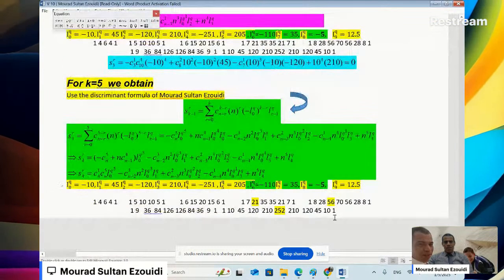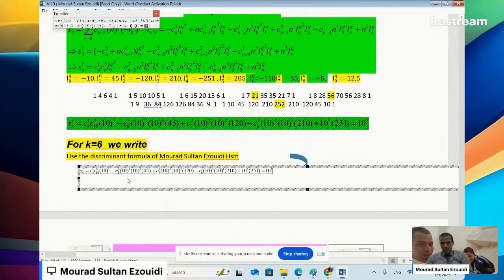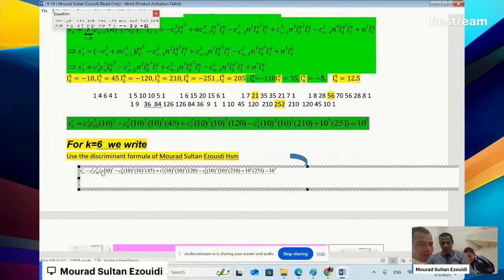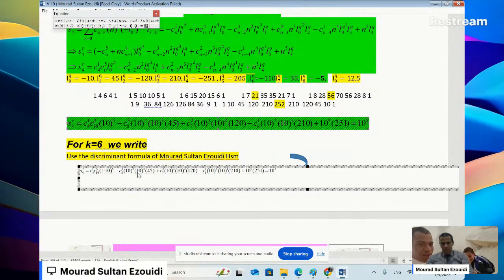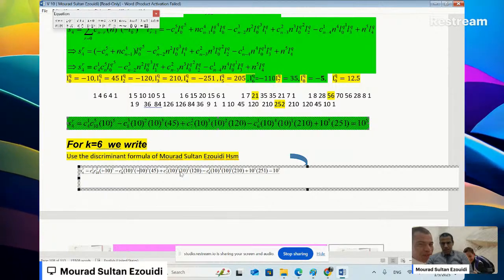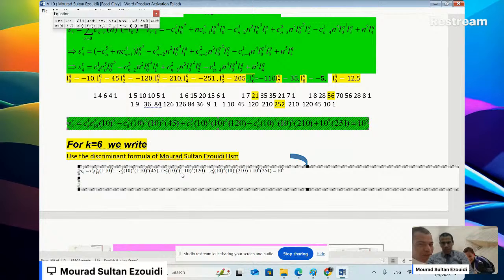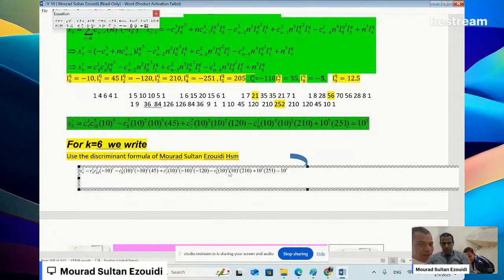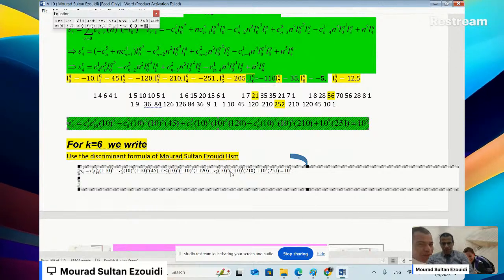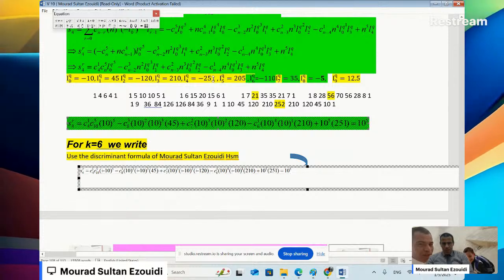So I'm going to change the sign of this coefficient. This one, my kids, will be minus. This is minus 10 squared. This is minus 120. This is minus 10 raised to the power 1. And this one, 210, is positive. This one is negative.